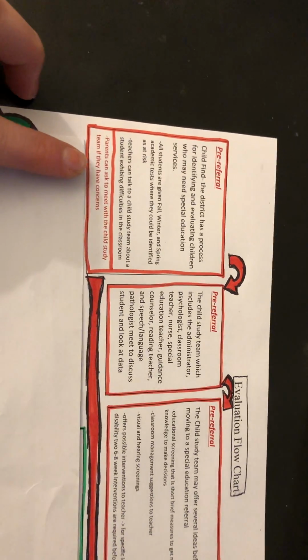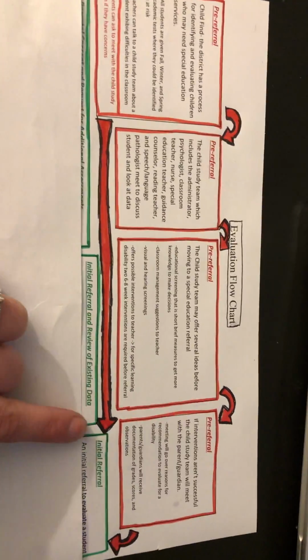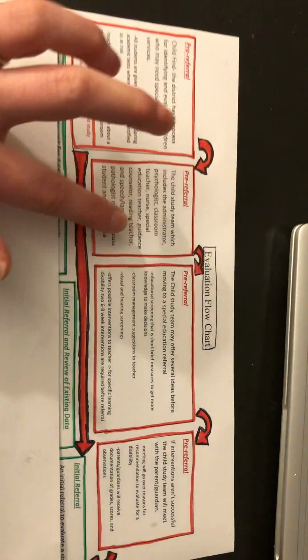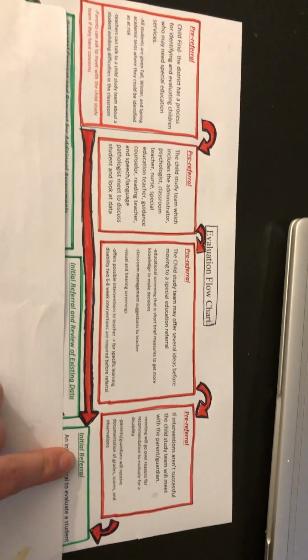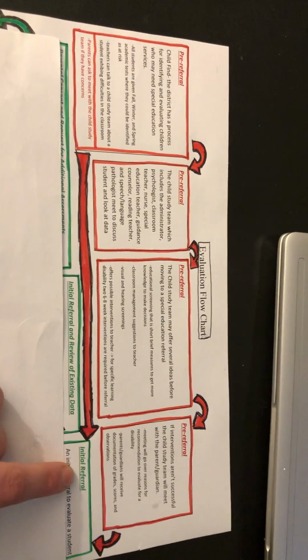Or parents can ask to meet with a child study team if they have any concerns. I have this in a little extra box because there's two ways to get an initial referral. It can go through the process of the child study team at the school, or parents and guardians, you guys have the right to initiate a referral right away.